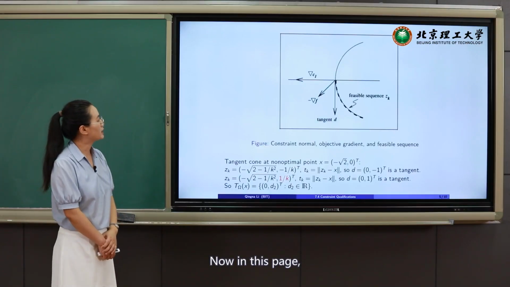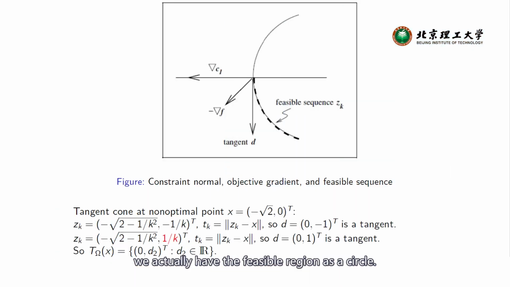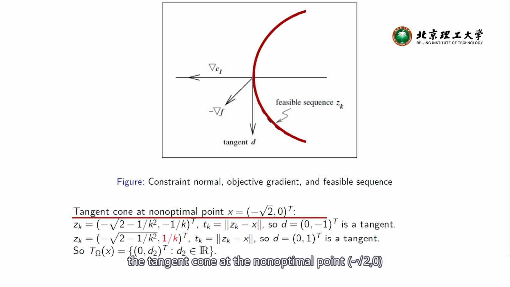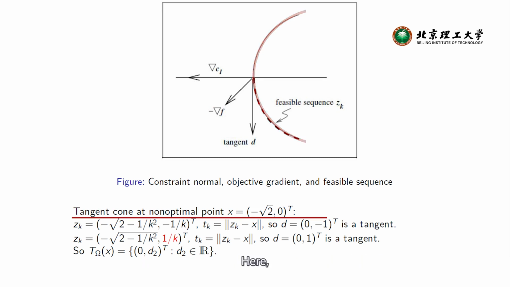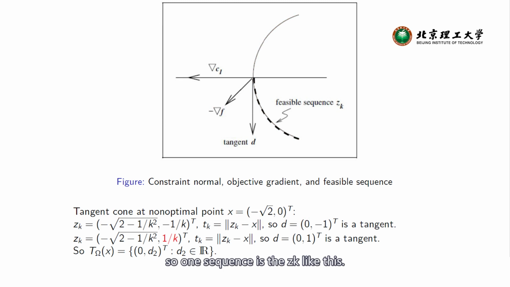Now, on this page, we have the feasible region as a circle. We consider the tangent cone at the non-optimal point minus square root 2, 0, right here. Let's construct two sequences to derive the tangent vector. One sequence is the zk like this.